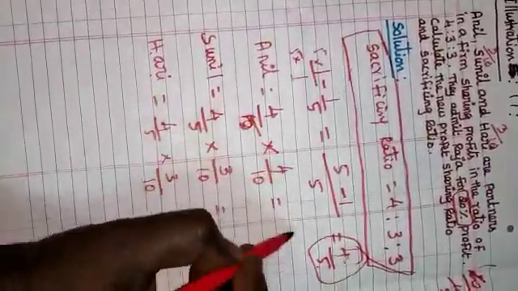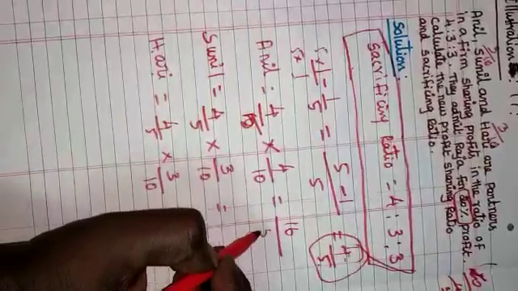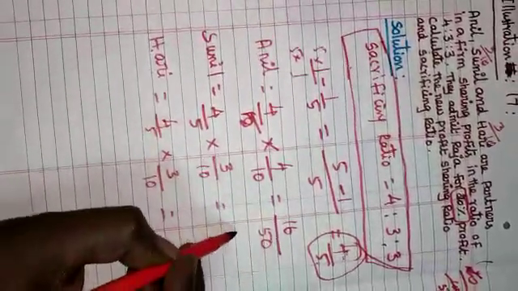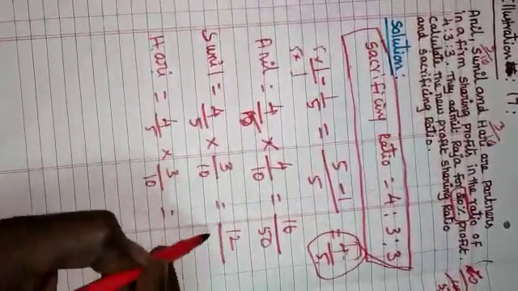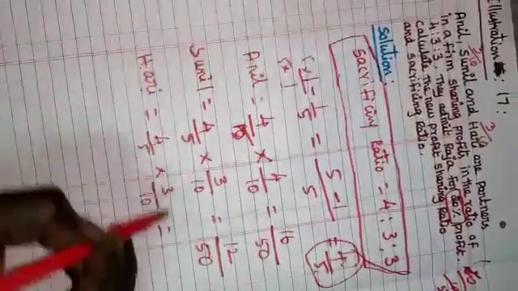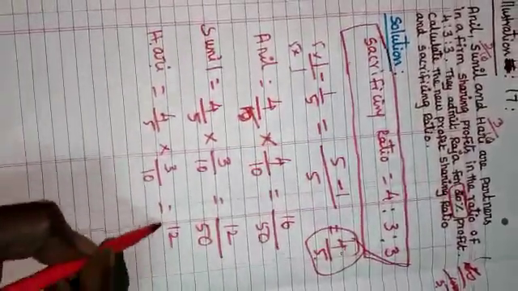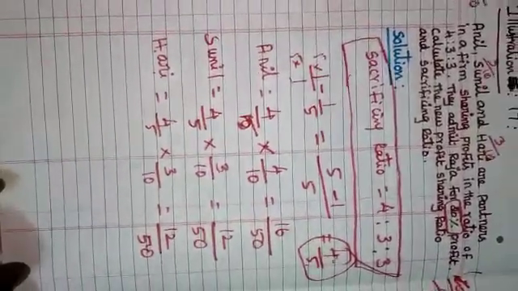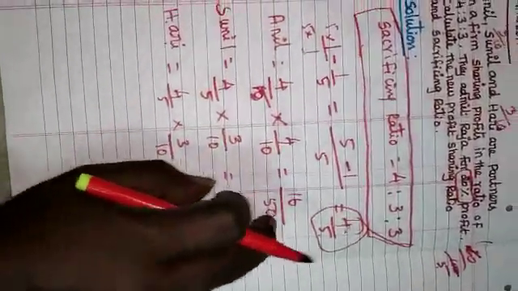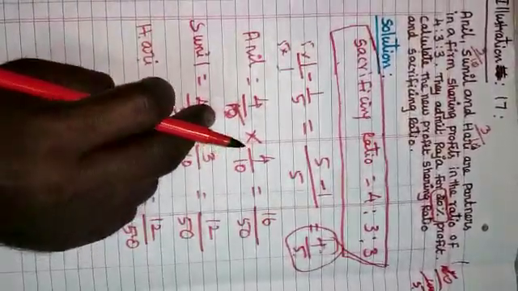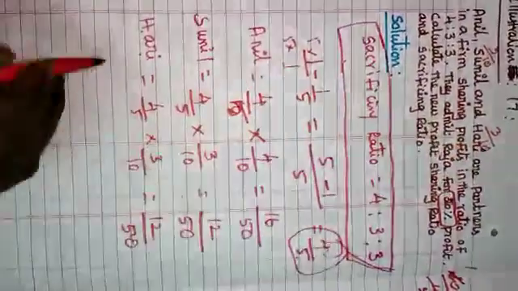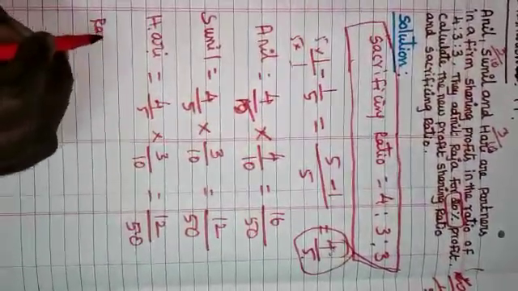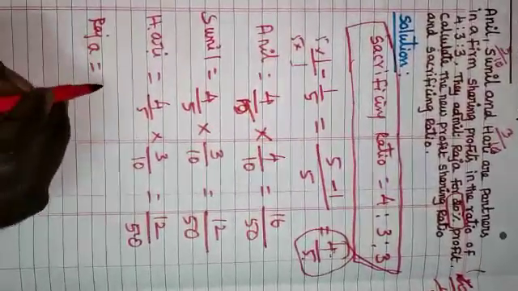So 4 into 4, 16; 5 into 10, 50. 4 into 3, 12; 5 into 10, 50. The same way, 12 by 50. Now you see here, all the denominators are 50. In the new profit sharing ratio, the new partner Raja should also be included. So Raja's share is 1 by 5.